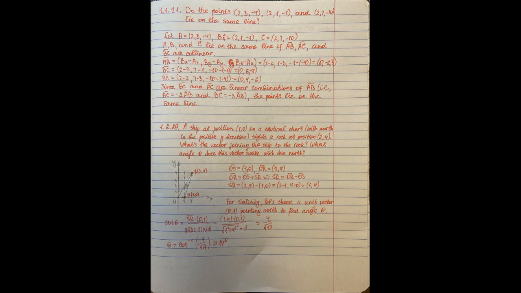All right, so my question is 1.1.21. And the question is, do the points (2, 3, -4), (2, 1, -1), and (2, 7, -10) lie on the same line?